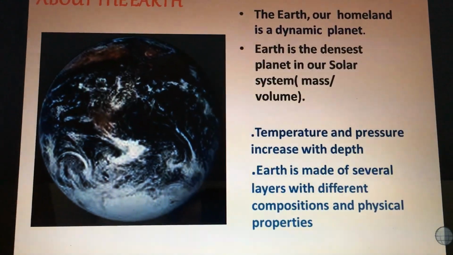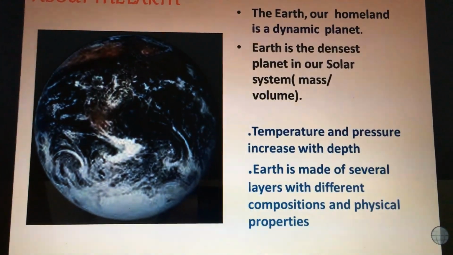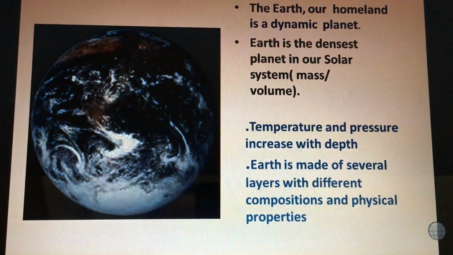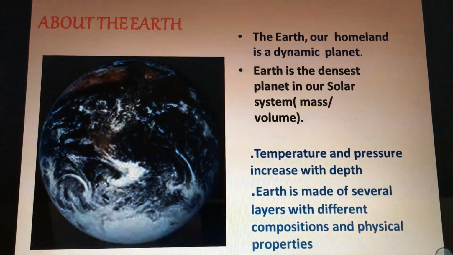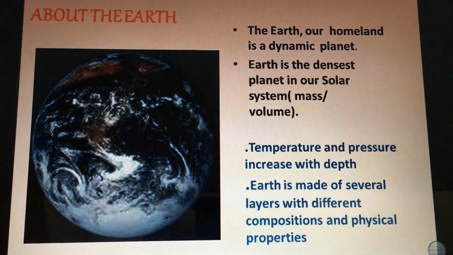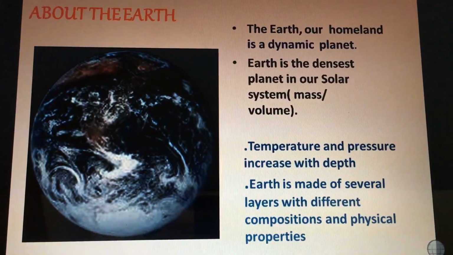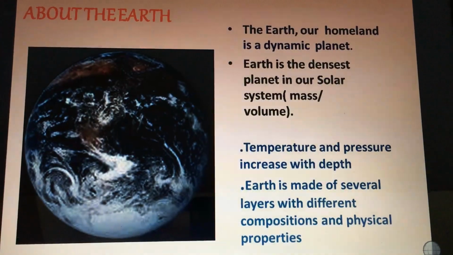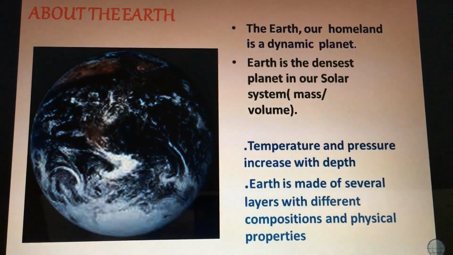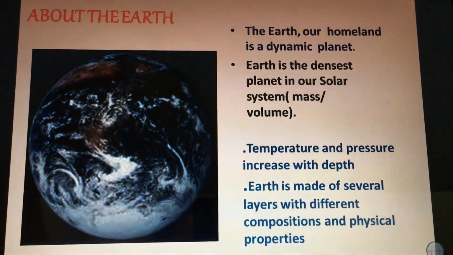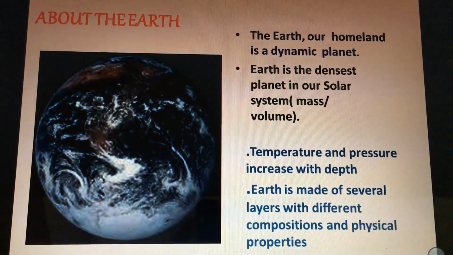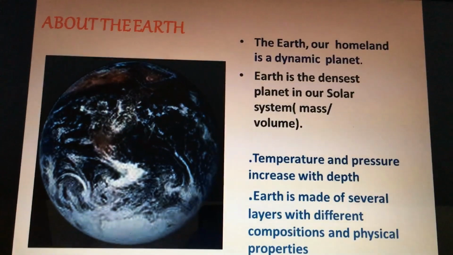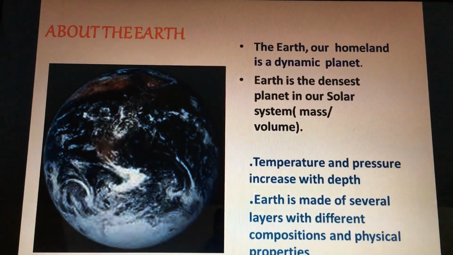These earthquake waves reveal that the Earth behaves like a solid body up to a depth of about 2900 kilometers from the surface, and the average density of the Earth is about 5.5 gram per cubic centimeter, and the density of the rock increases toward the center of our Earth. So these are the things which I want to tell you.